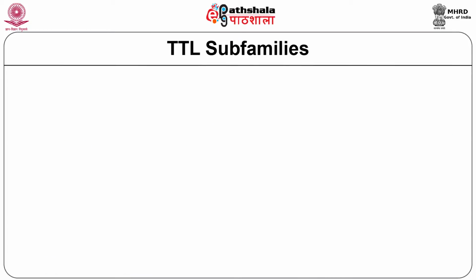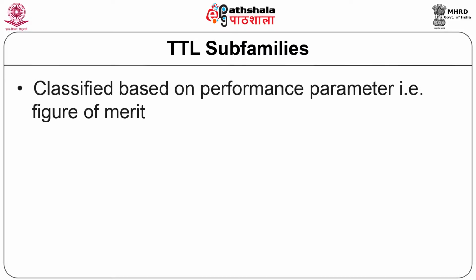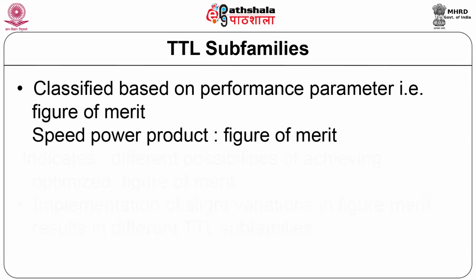We have seen the classification of the TTL family on the basis of the output configuration. Now, we again classify it on the basis of its performance parameter, which is the figure of merit. Figure of merit is generally defined as the speed power product. That is, it is related to the propagation delay and the power dissipation.